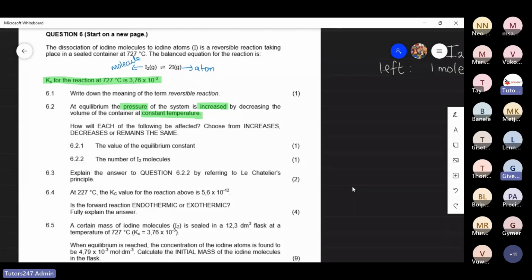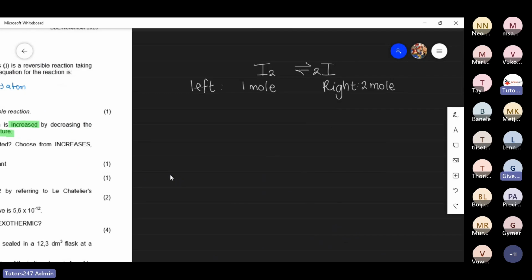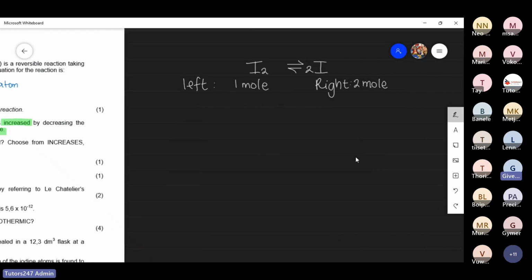But if they've stated that temperature is constant, meaning it does not change, what will our equilibrium constant be? It's going to remain the same as well, because temperature did not change. So let's write that down. Question 6.2.1: Kc remains the same.